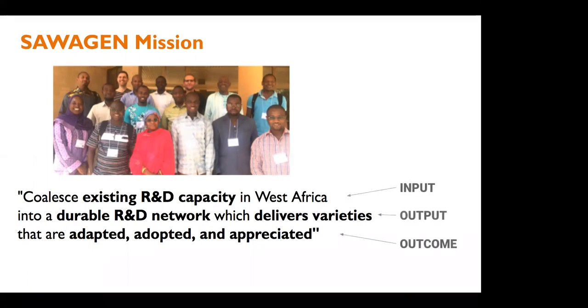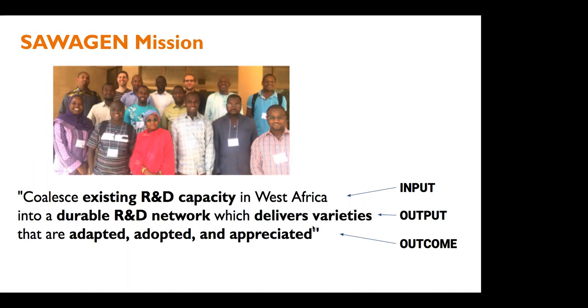Really breaking that down, we have this input of primarily the existing R&D capacity. We're not really trying to build a lot of brand new capacity on this phase 2. We did a lot of that in phase 1, and we're really trying to take what's already there and bring it together in a high performing network. That's the output, this network and the varieties.